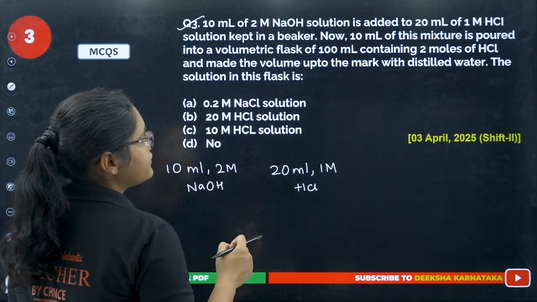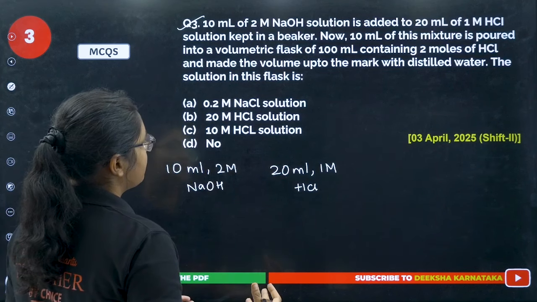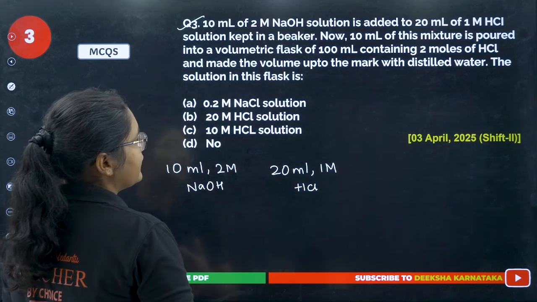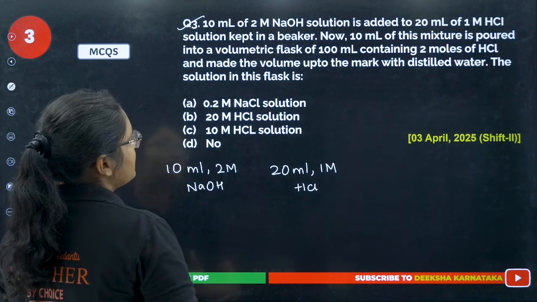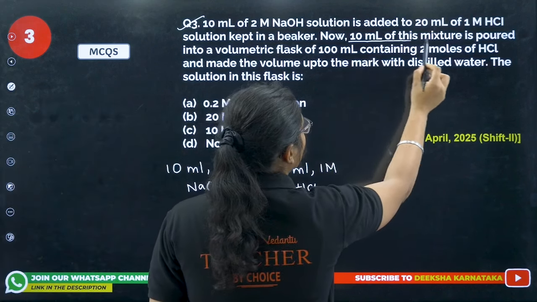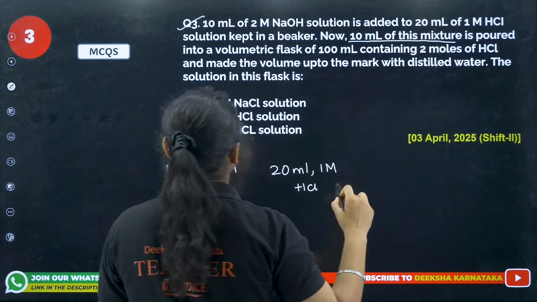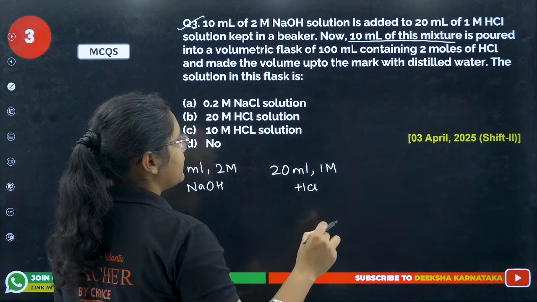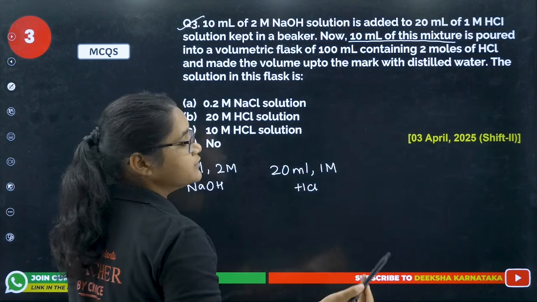Now 10 ml of this mixture is poured into a volumetric flask of 100 ml containing 2 moles of HCl.